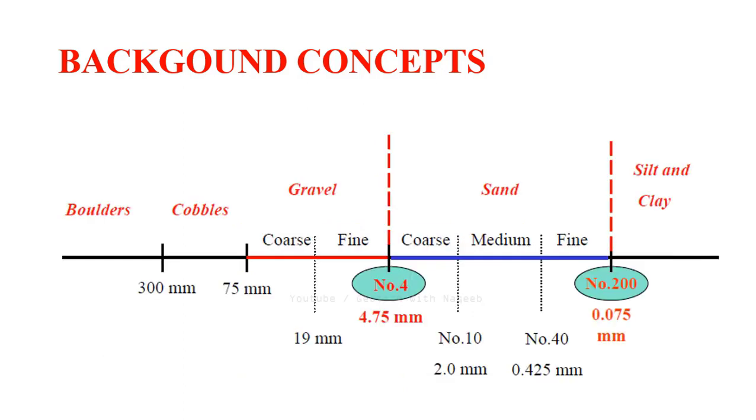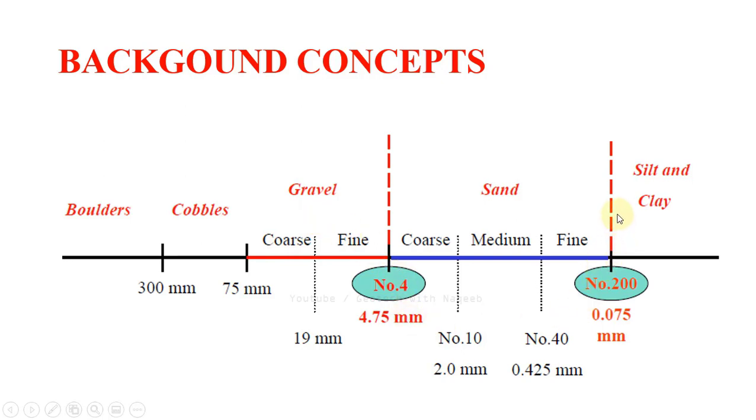Let's understand this differentiation in more detail. You can see here a brief explanation of this classification. The material that is retained on sieve number 4 is termed gravel.